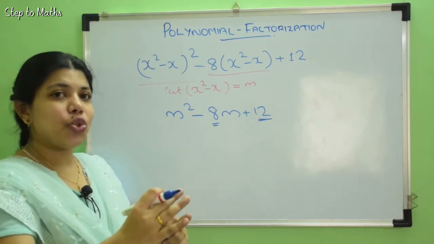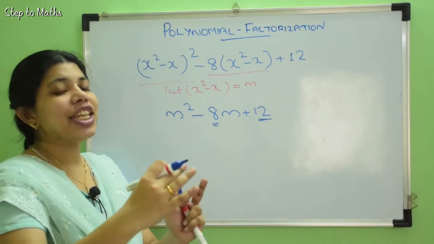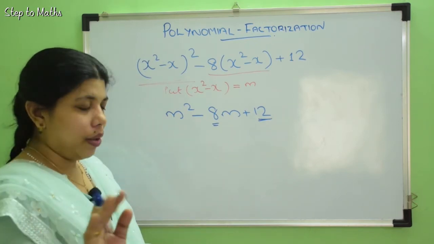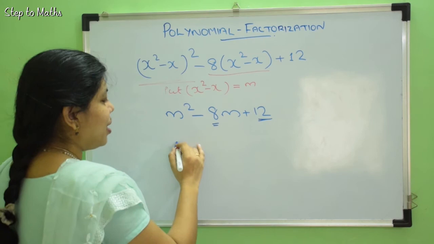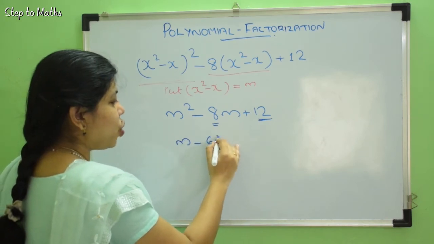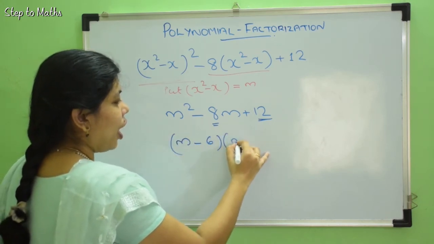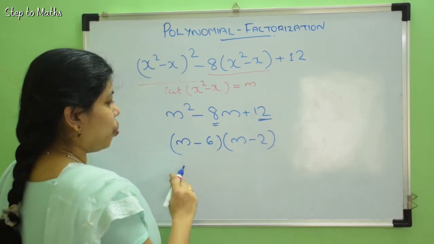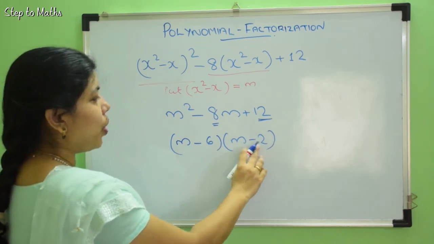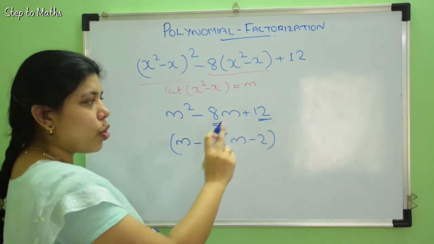Minus 6 plus minus 2 is minus 8. Minus 6 into minus 2 is 12. So we can write this as (m minus 6) into (m minus 2). (m minus 6) into (m minus 2) is m square minus 8m plus 12.